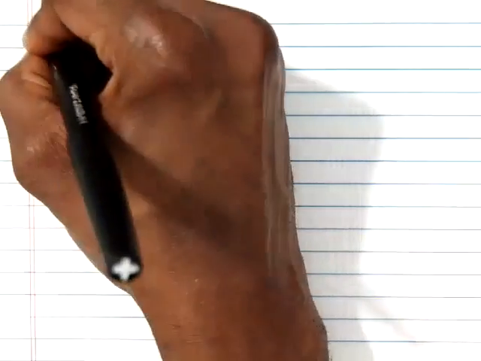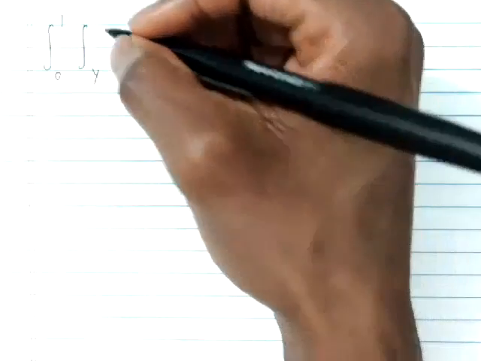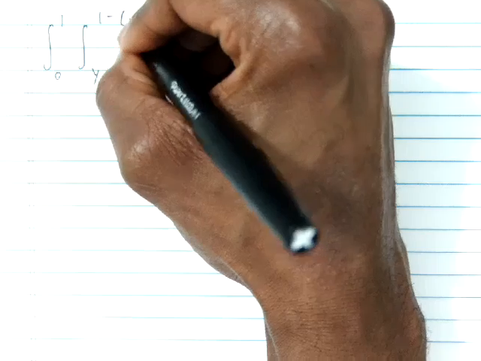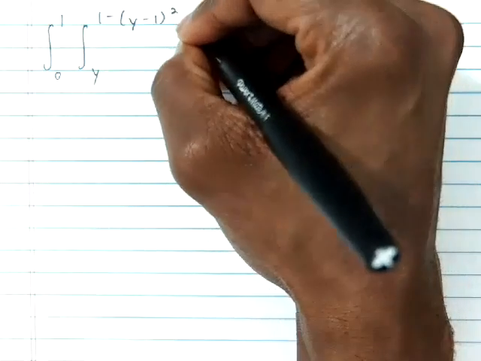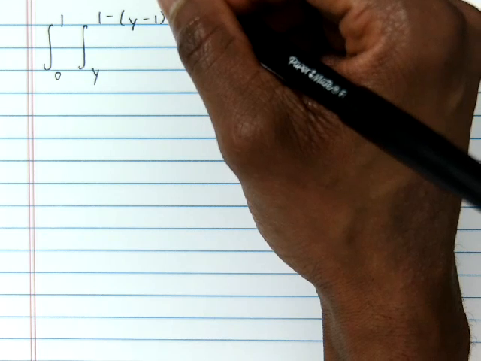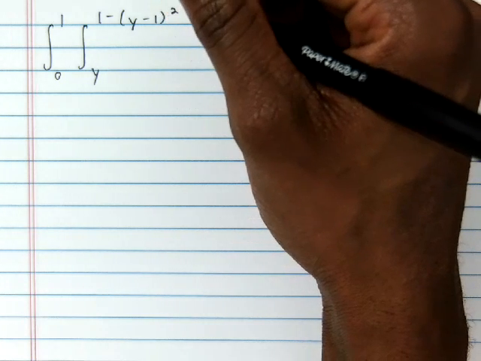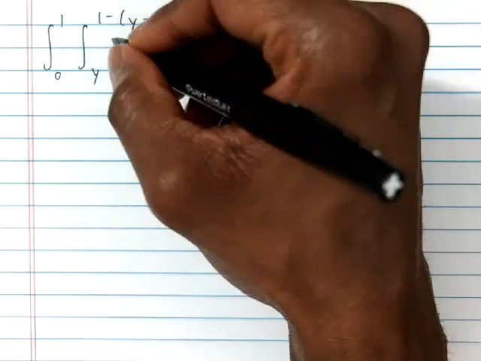So now we have the iterated integral from 0 to 1, and then from y to 1 minus the quantity y minus 1 squared, of our function. So now we need to look at our function. That's what I said was going to be your integrand. In your integrand, you're going to end up doing top minus bottom.